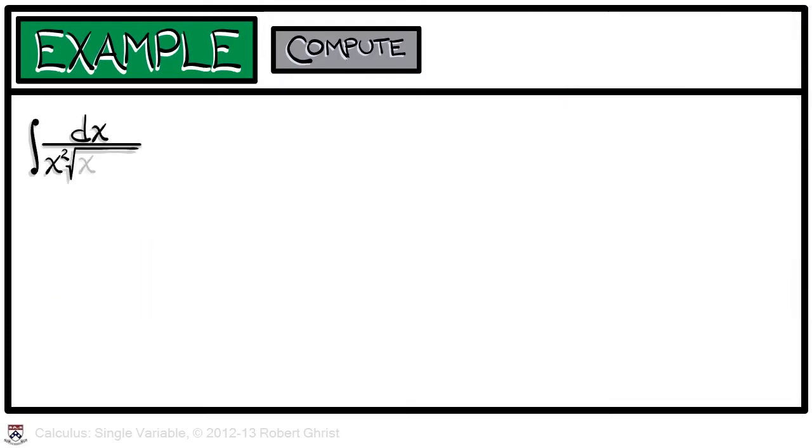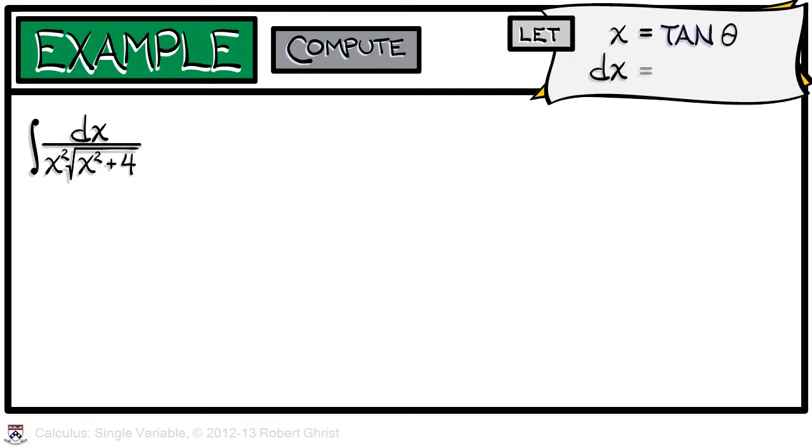For another example, consider dx over x squared times the square root of x squared plus 4. Which trig identity is going to be helpful here? I think that there was something involving tangents and secants that might allow us to get rid of that square root. So let's try x equals tangent of theta.